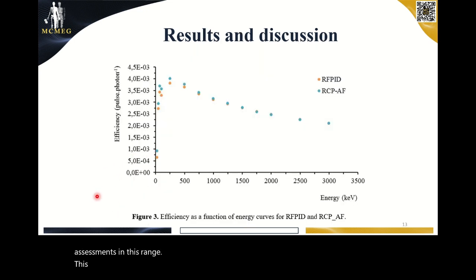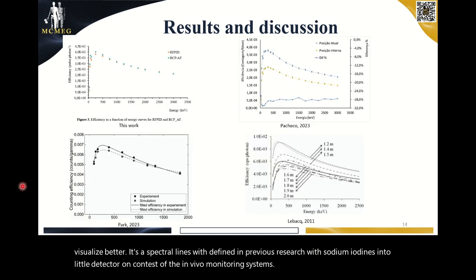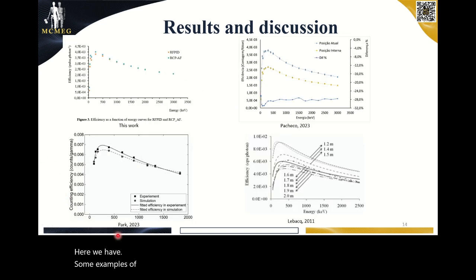This is the efficiency curve as a function of energy obtained from the table data, where we can visualize it better. Its aspect aligns with the findings in previous research with the sodium iodide scintillator detector in the context of in vivo monitoring systems. Here we have some examples of this.